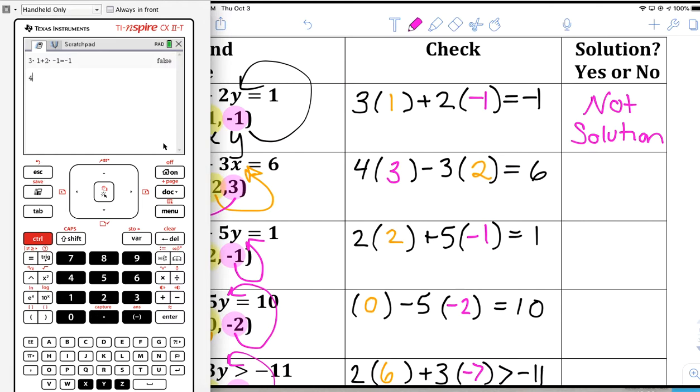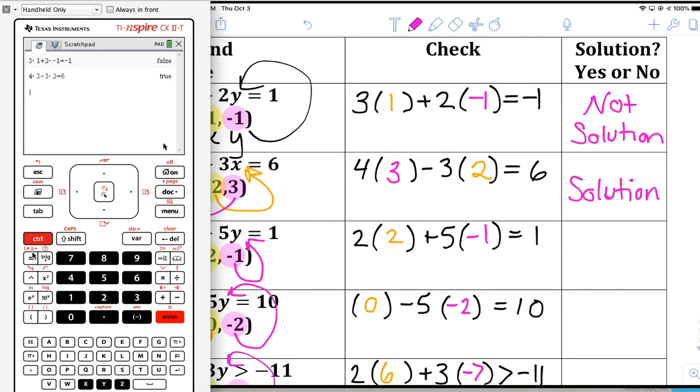We're plugging in 4 parentheses 3 minus 3 parentheses 2. The equal button, if you don't see where I'm hitting over here under the yellow button. So equals 6. Go ahead and type that in. Press enter and you get true. This point is a solution.